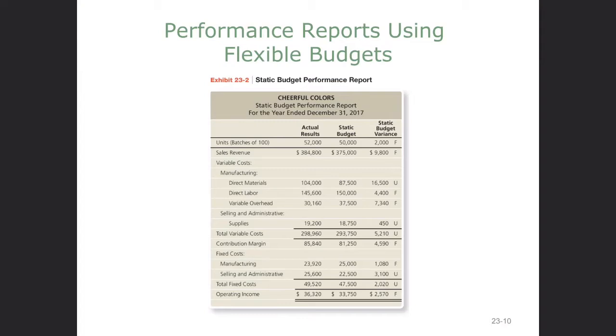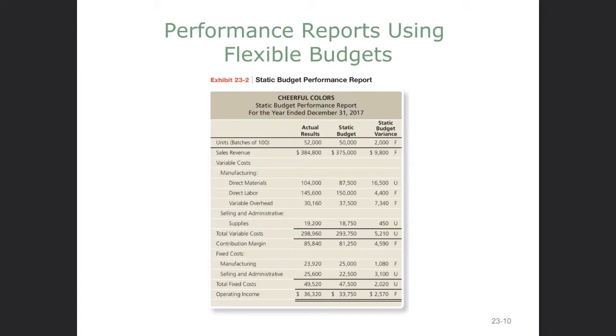So in our static budget, we budgeted our sales revenue to be $375,000. But then at the end of the year, we got our actual results, and our sales revenue was actually $384,800. So actual revenue was higher than what we thought it was going to be.